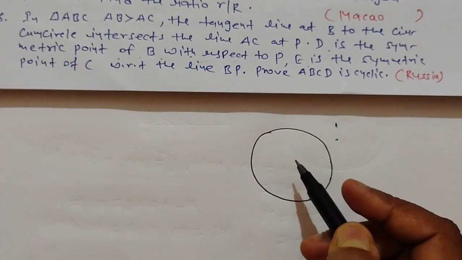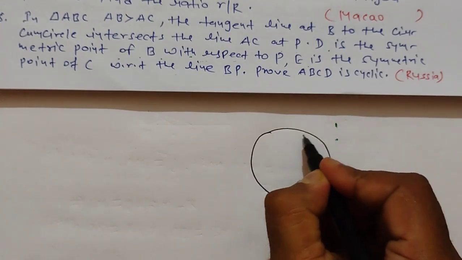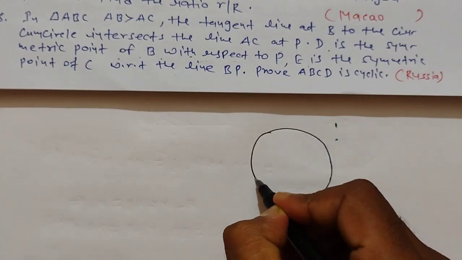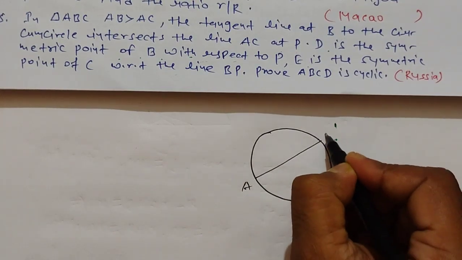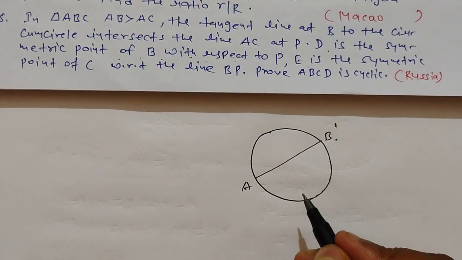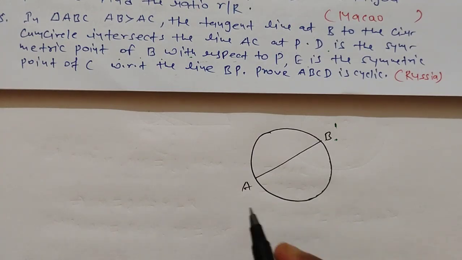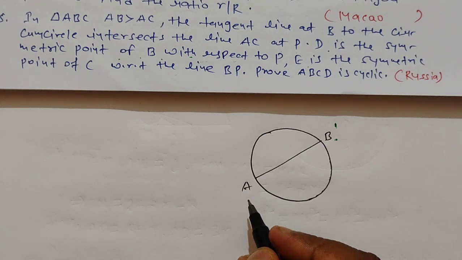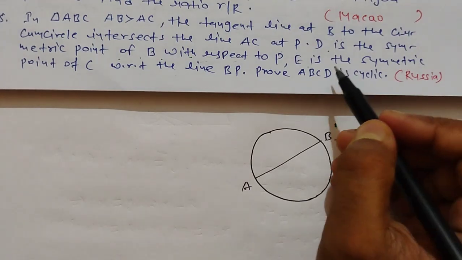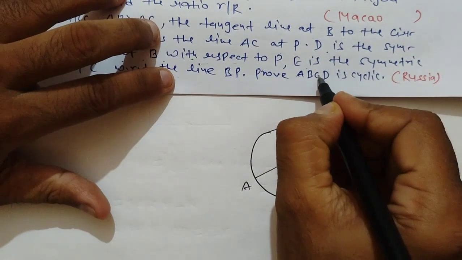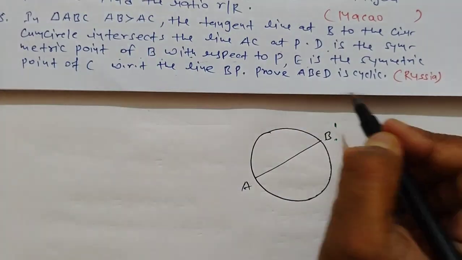So here, first of all, AB is the chord, and also this is ABED. ABED is cyclic.